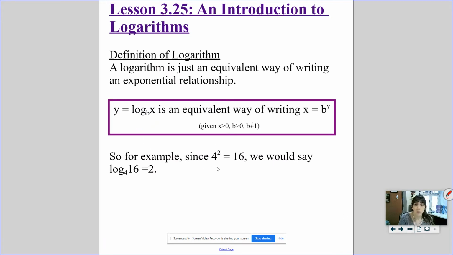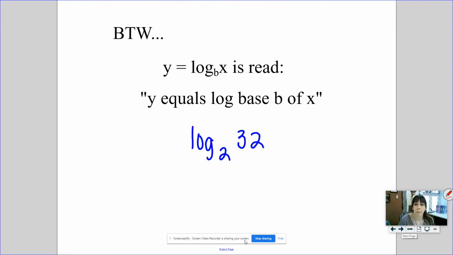So, for example, if 4 squared is equal to 16, then we could rewrite this as log base 4 of 16 equals 2. So a logarithm will undo an exponential relationship. The way that you read this is, if I see log 2 32 like this, I would read it as log base 2 of 32.